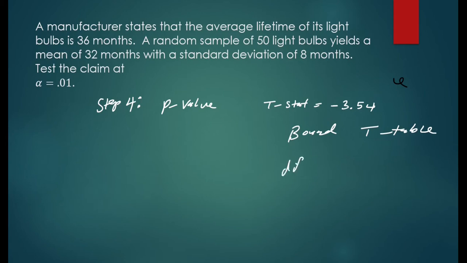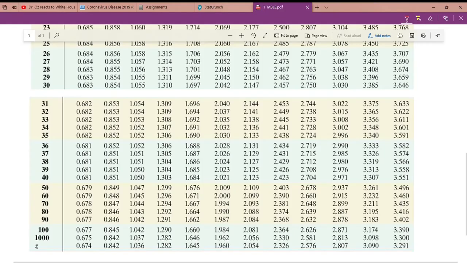Our degrees of freedom was 49, so we'll go to the closest row, which is row 50.